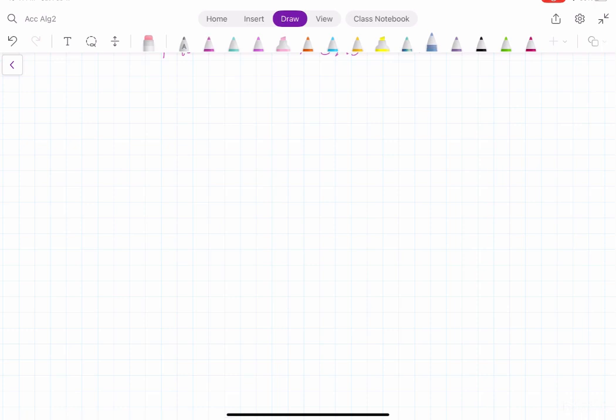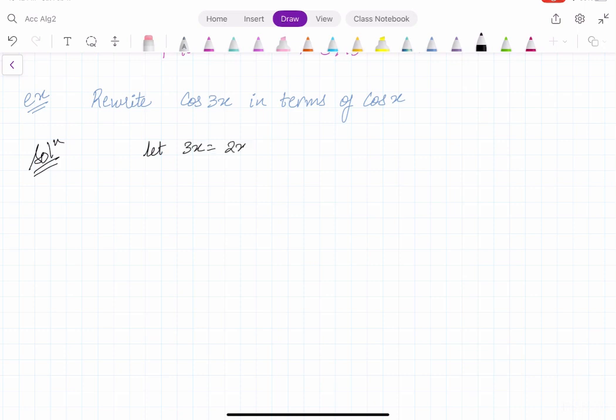Let's take one more example in this line. Now they're asking us to rewrite cos 3x in terms of cos x. We have done the sum and difference formulas for cos and sine.